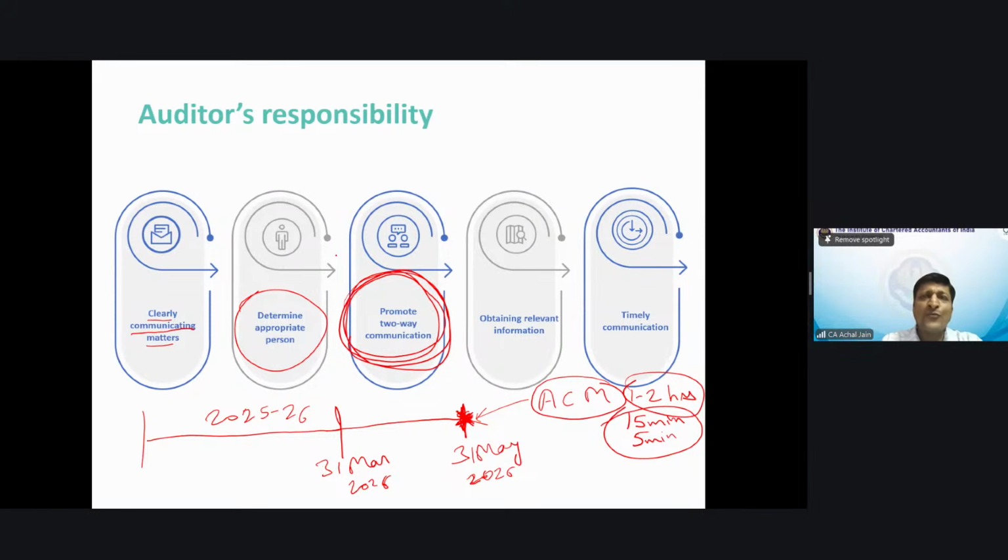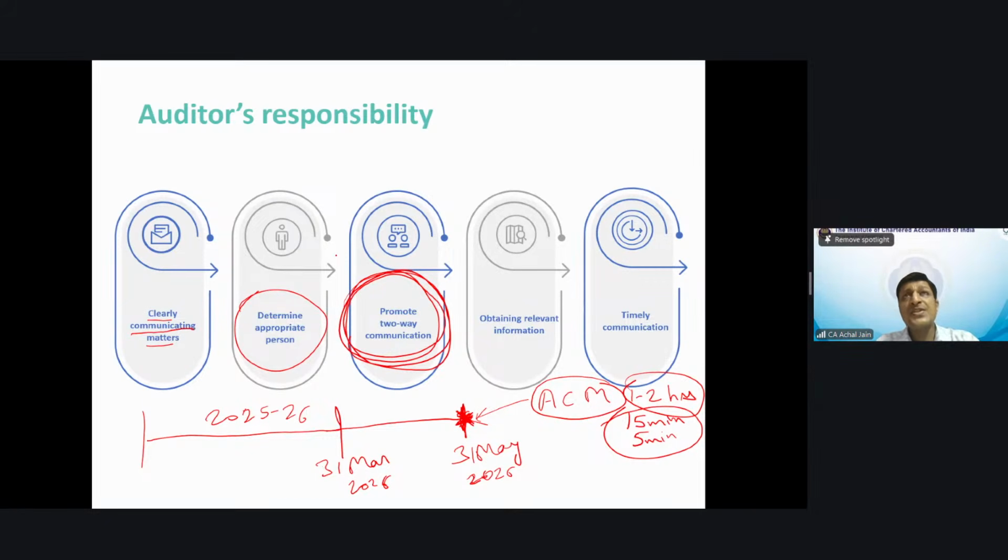What is the level of communication they will have? What is the channel they will establish? How frequently they meet? And what are the areas that they go discuss? All of these aspects need to be considered. Why? Because that will have a huge impact, that will have a huge bearing on the quality of the audit. Yes or no?